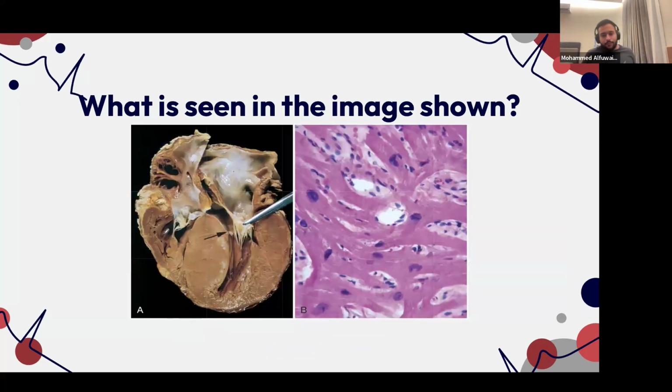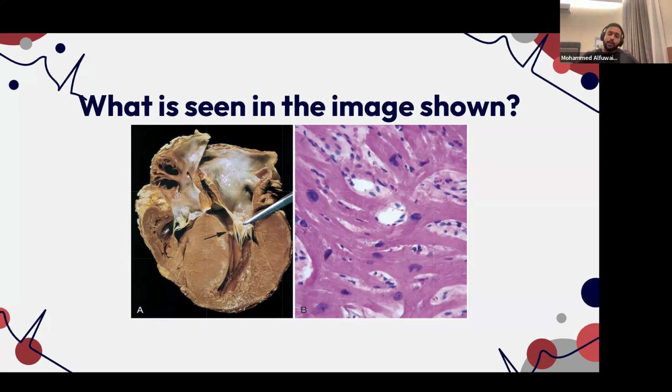How about this patient? What do they have? Just remember it's autosomal dominant for the arrhythmogenic one. This one has, and it's important, hypertrophic cardiomyopathy.